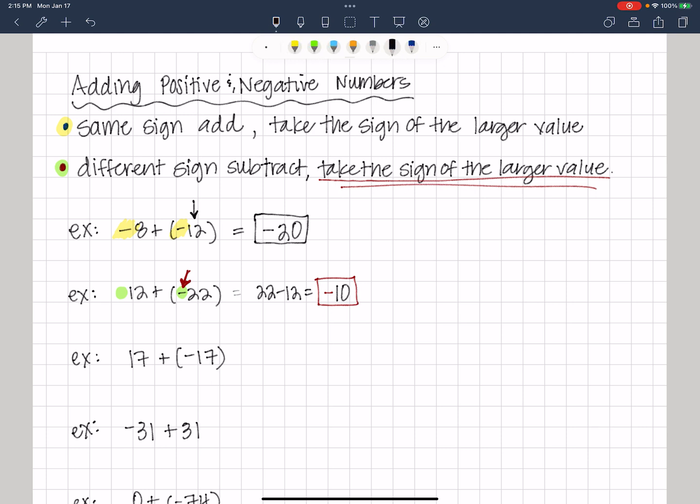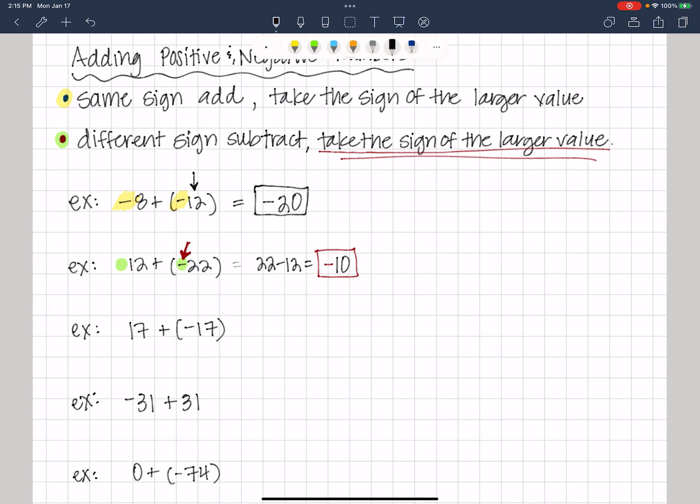Okay, here's another example. 17 plus -17, same signs or different signs? 17 is positive. -17, well, that's negative. That's a different sign, so I'm going to subtract. 17 minus 17 is 0.